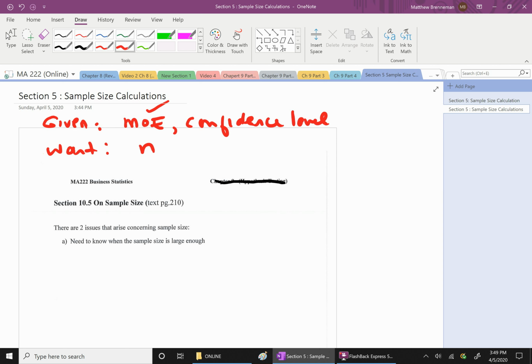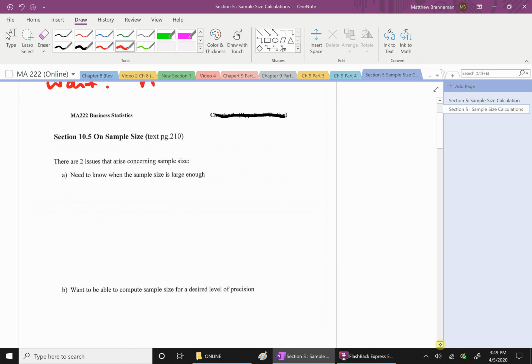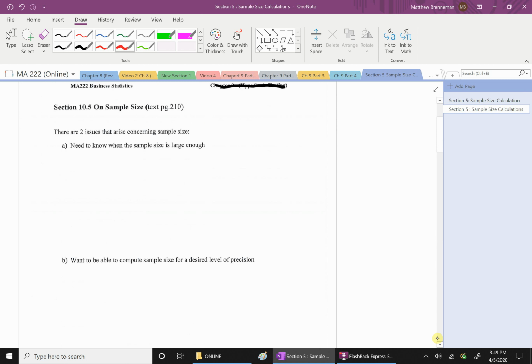That's what the margin of error is, and you're going to tell me what confidence level you want to use, and I want to come back and tell you what sample size you need to get a confidence interval that has this confidence level and this level of precision, or this margin of error. Okay? This is the idea. We want to know when it's large enough, but we don't want it to be too large, and we want to be able to compute the sample size for any desired level of precision, for any MOE.